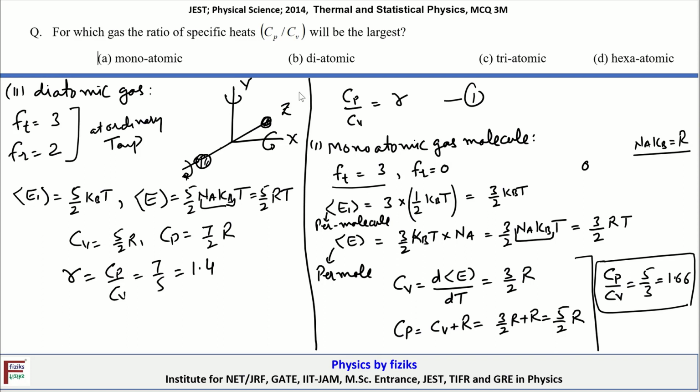Similarly, we can extend the calculation for the triatomic gas molecule. In this case we will have Ft equal to 3, and the third rotation degree of freedom will also contribute for Frotational.